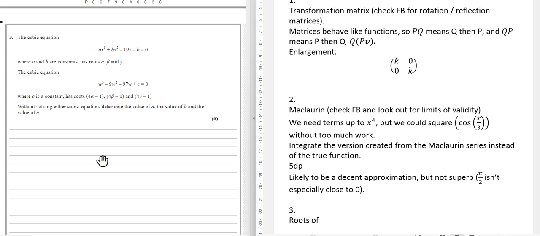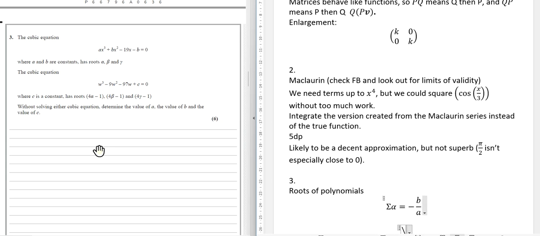Question 3. The obligatory roots of polynomials question. So I might start by doing myself a favor and writing down the standard results that I might rely on throughout this question.